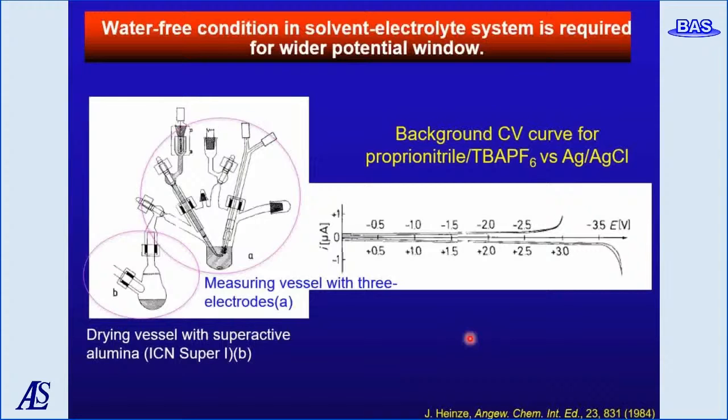It has been reported here. In one example, the electric cell can be connected to a vacuum line to measure up to -3 volt on the negative side and up to 3.5 volt versus AgCl on the positive side.